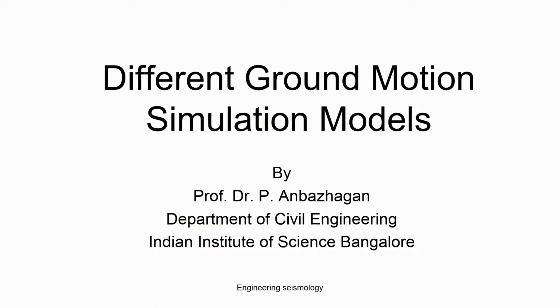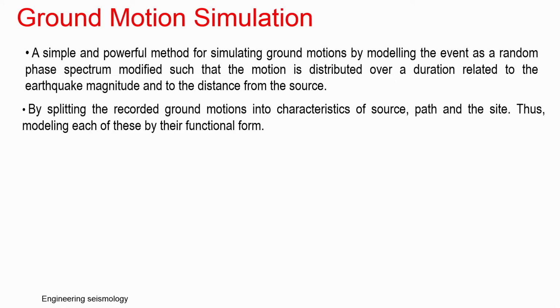Today's class is about the earthquake simulation model, which helps you simulate synthetic ground motion for any site where recorded data is not available. The simulation model is a simple and powerful method for simulating ground motion by modeling the earthquake event as a random phase spectrum, modified such that the motion is distributed over a duration related to earthquake magnitude and distance from the source.